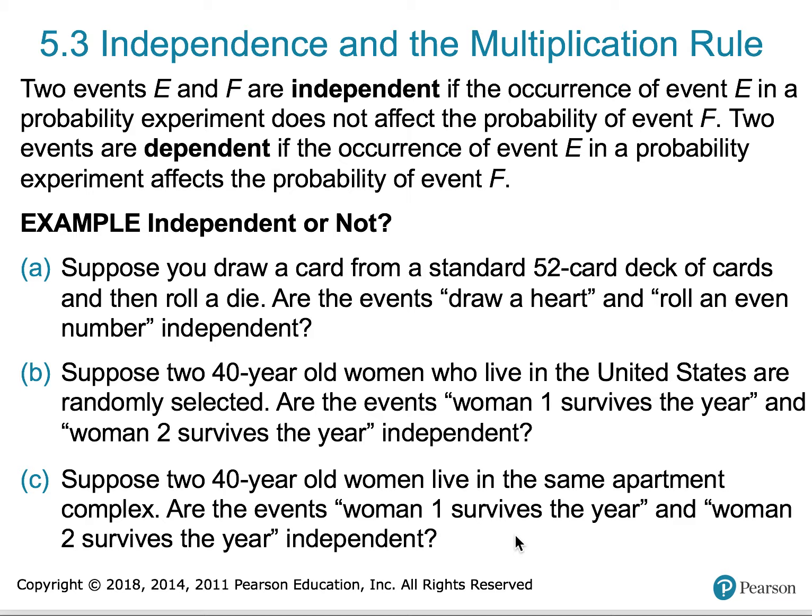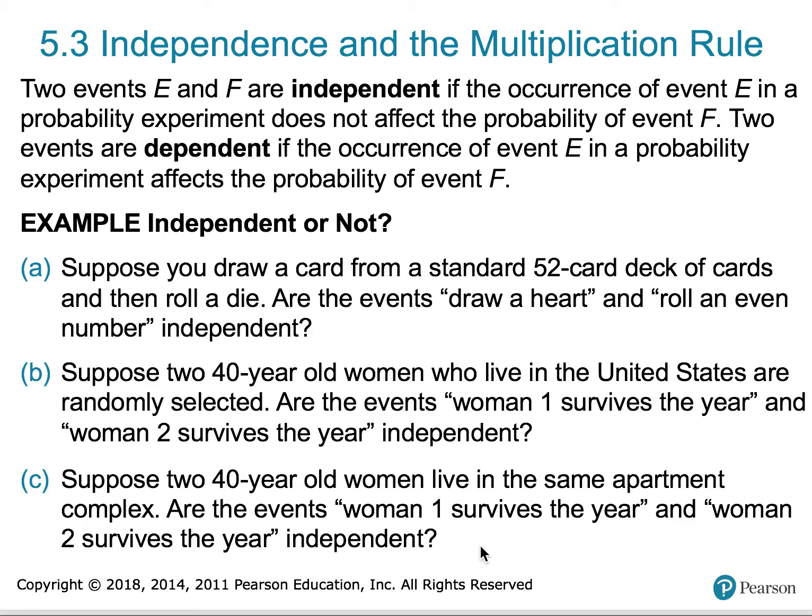Or any kind of contamination in the building. Okay, what if there's a serial killer loose in the city that's targeting old women and they live in the same place? So no, those events are not independent because the probability of one happening might affect the probability of the other one happening.